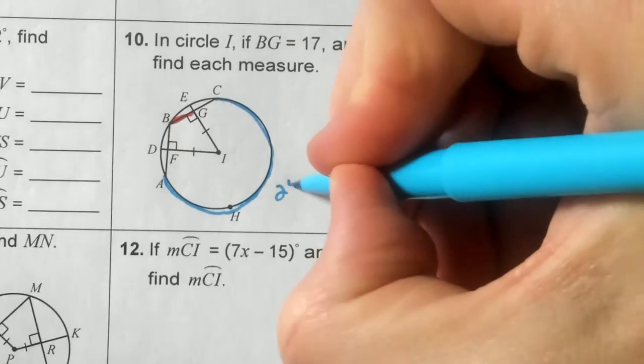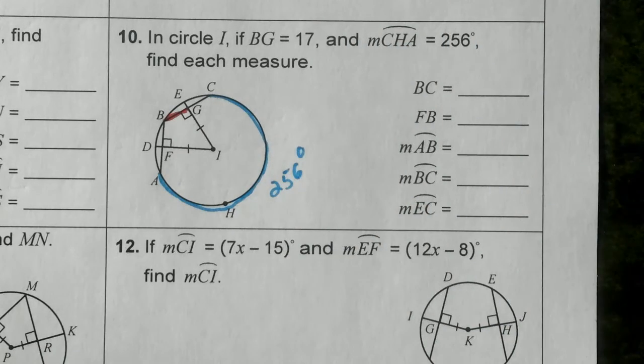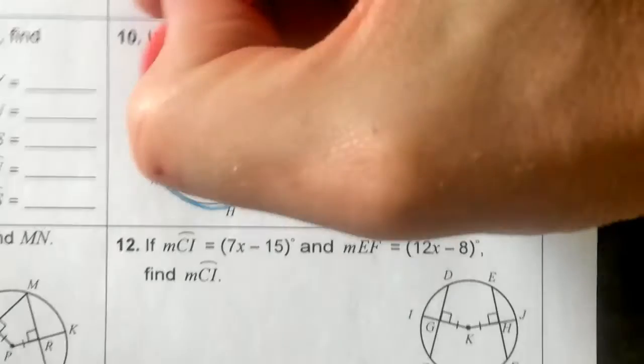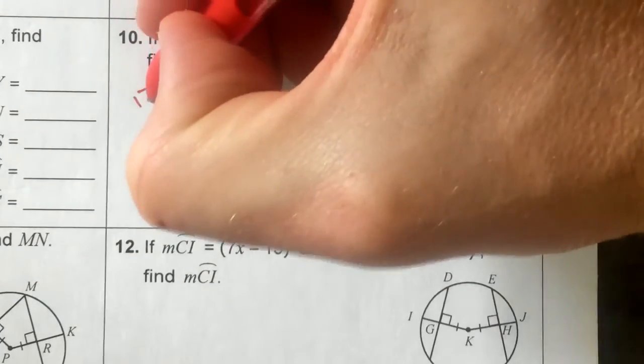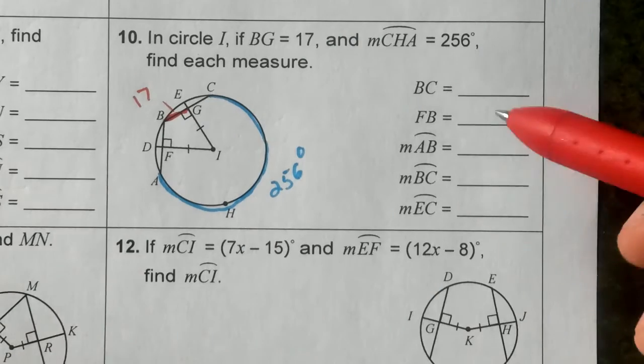So that's 256. And then we said that BG, that little section, was 17. Okay, so if we know those two things, find all this stuff.